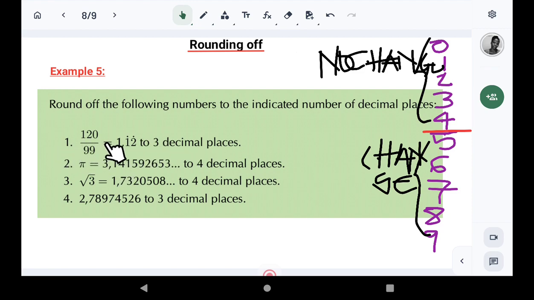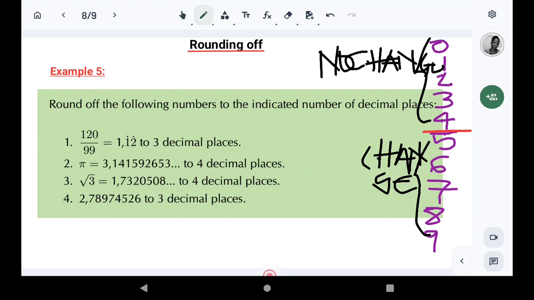Now for the first one, you go 120 over 99. When you take a calculator and you go 120 divided by 99, that will give you 1,212121. They made a mistake there.